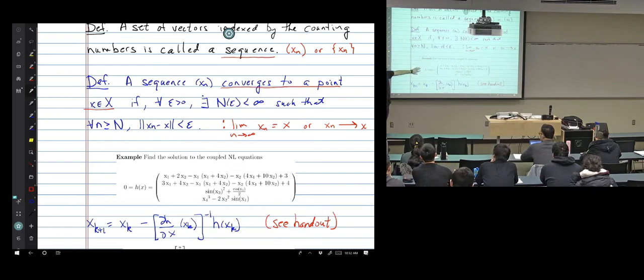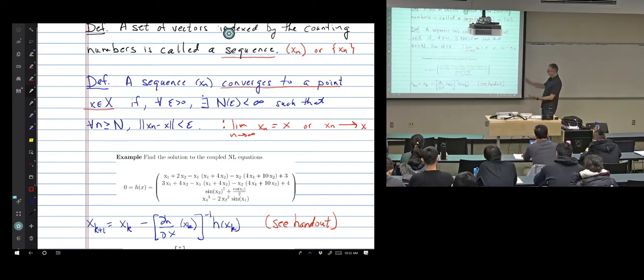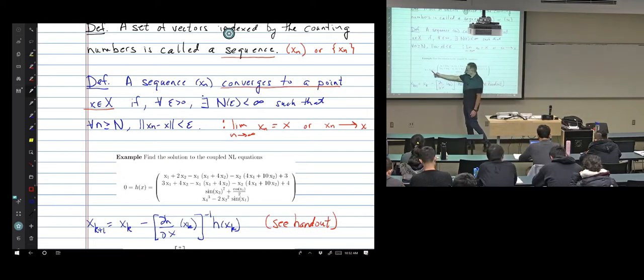We'll spend a little bit more time today on Newton's algorithm, but it was just used last week as a way of generating a sequence of approximate solutions to this set of nonlinear equations. So there's 4 equations, 4 unknowns. We're wondering, does there exist an X that solves that equation?